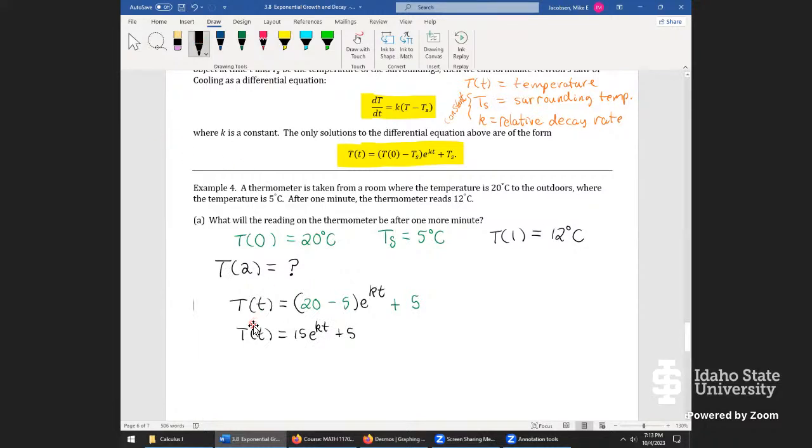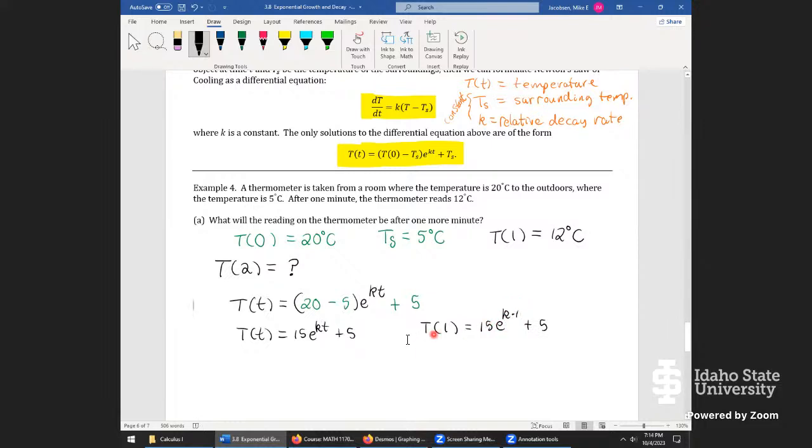So now that we have that, well, we can use this information. This was the one data point they supplied to us, that being 1 minute in the outdoors, we had 12 degrees as a reading. Here's the temperature at any time. So we can now say temperature 1 minute later. All we're going to do is put 1 minute right where the time variable is right here. It'll give us 15 e to the k times 1 plus 5.